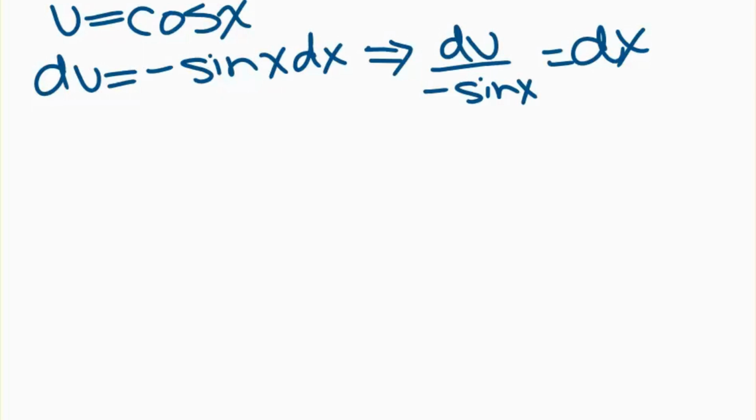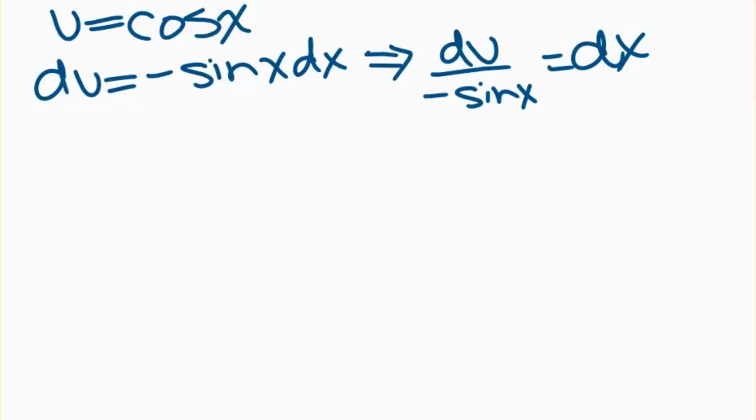And that's going to give me du divided by negative sine x is equal to dx. Let's plug our pieces back into our integral. You might want to go back up to the original problem and confirm where you are substituting in. Remember, I'll substitute in for what I defined for u, as well as what dx is equal to.